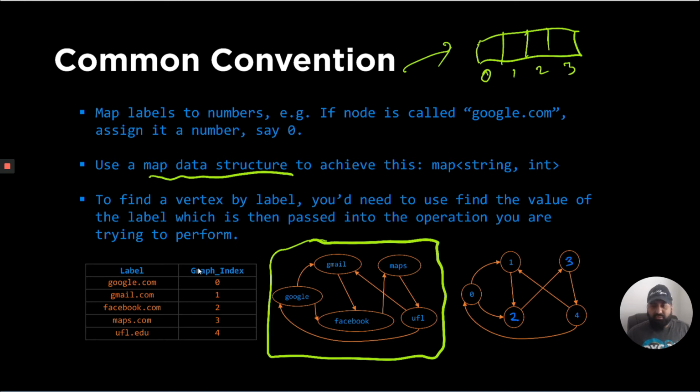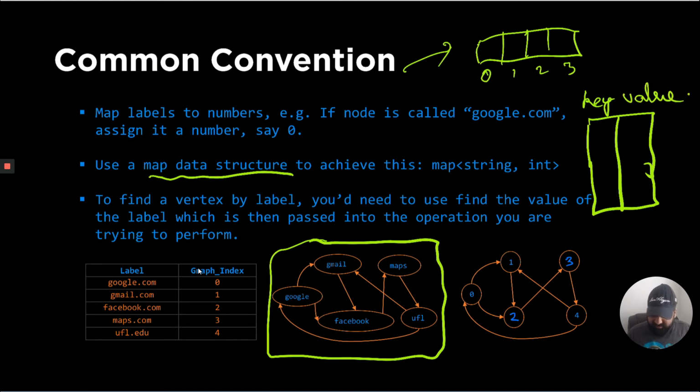Maps are basically associative arrays, or like dictionaries in Python. Some of you might already be familiar with it. They act like a table, and it has two different columns: one is the key and the other one is the value.